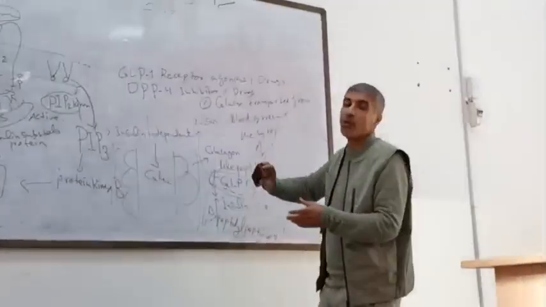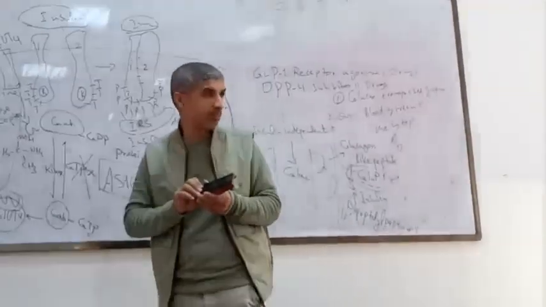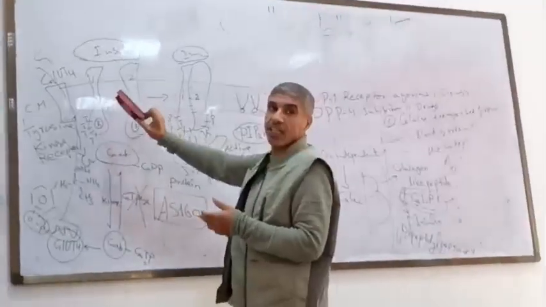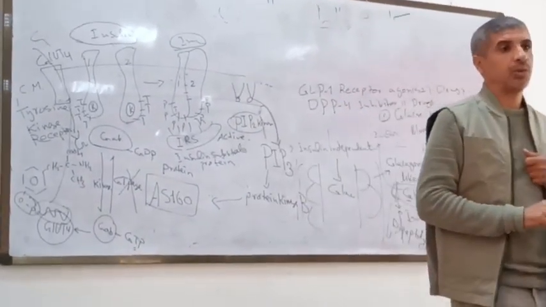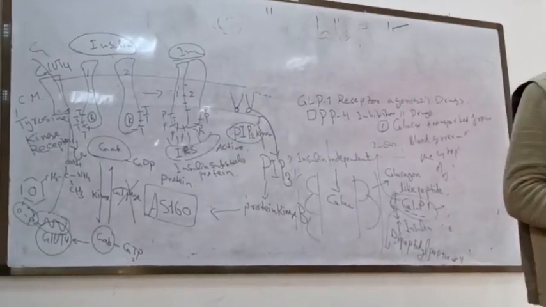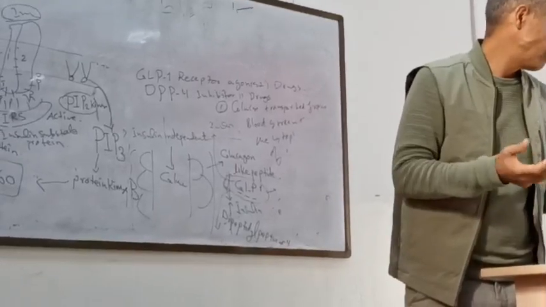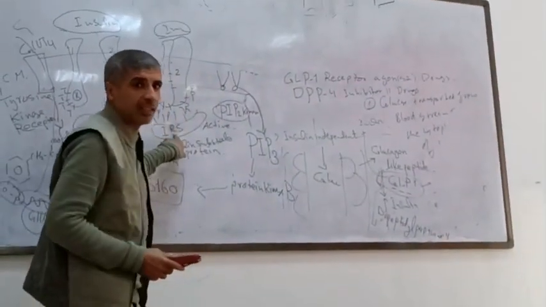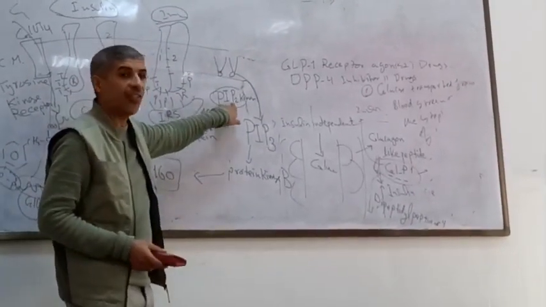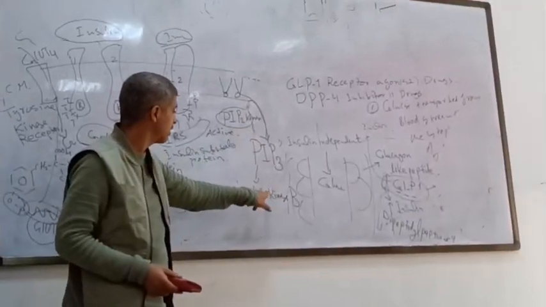Okay. When there is a problem in the sensitivity or the interaction between insulin and the tyrosine kinase receptor, it is diabetes mellitus class 2. If there is a defect in IRS or a mutation in this enzyme, it is diabetes mellitus.